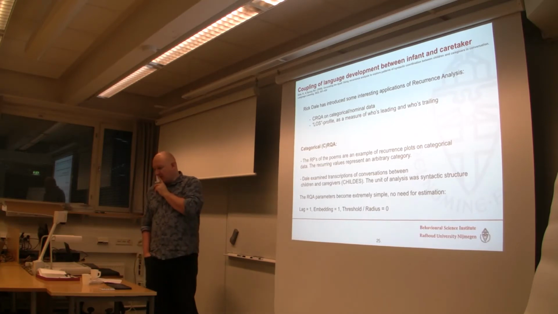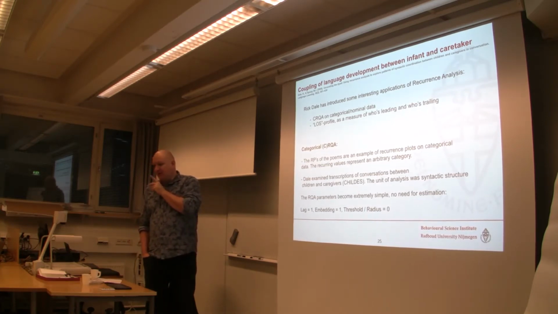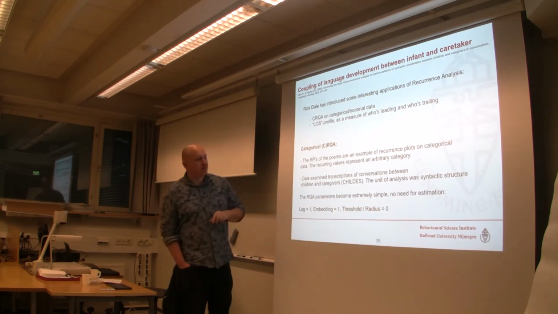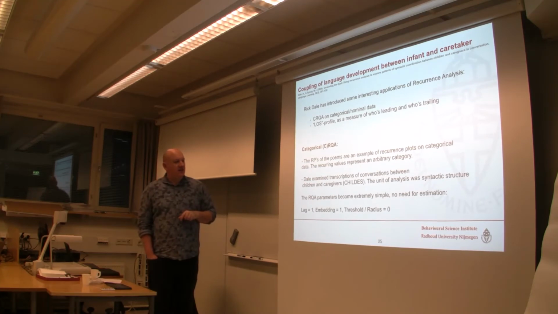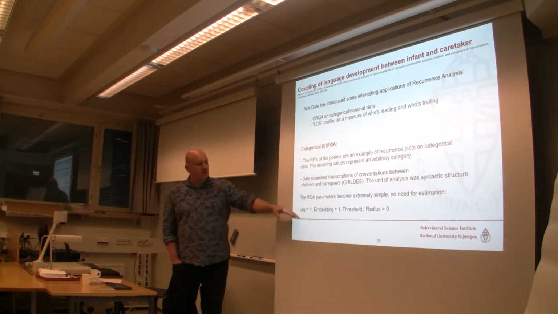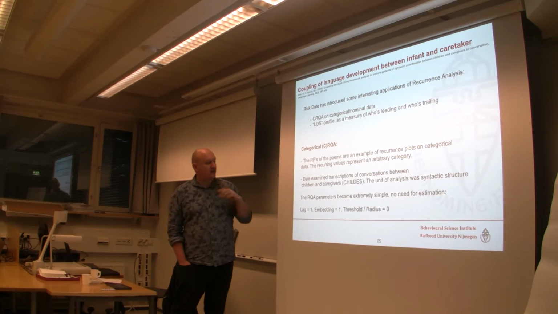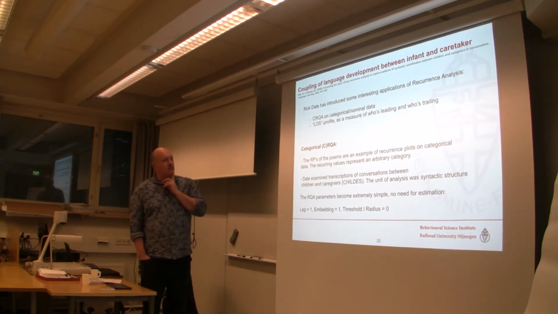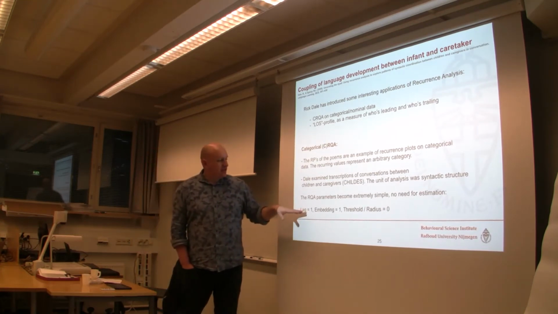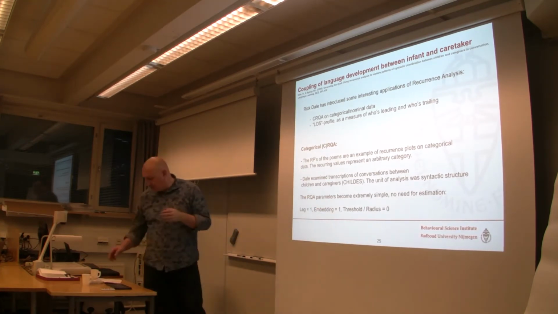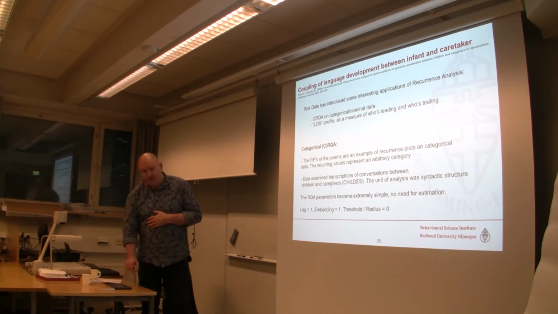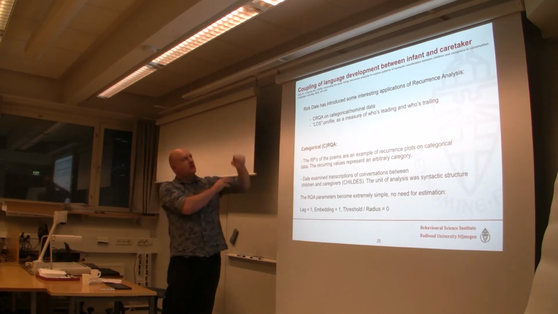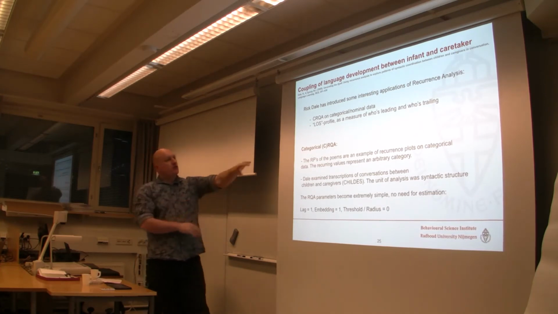If you're doing categorical recurrence, of course you cannot do any embedding. I think in CRP toolbox you don't have to worry about this, it's taken care of automatically, but in some other packages you might want to explicitly say that you're using embedding 1, lag 1, and radius of 0.